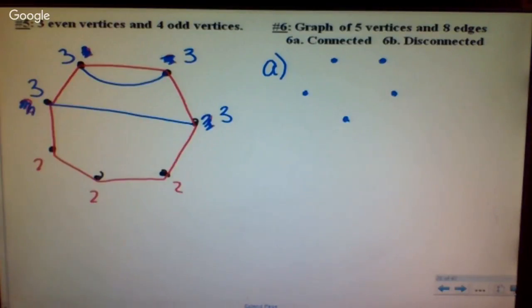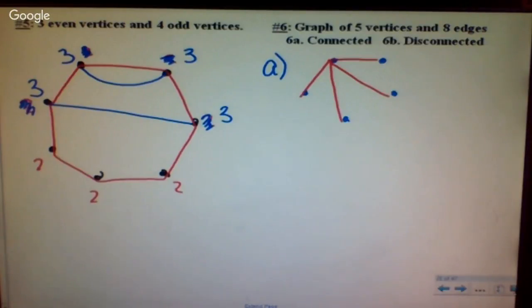I need 8 edges. As long as you have a line that goes out to each and every one of the dots, it's connected. So my suggestion when you're looking to connect everything is to pick 1 dot and connect it to every piece. That's how you should start, because now your graph is connected.